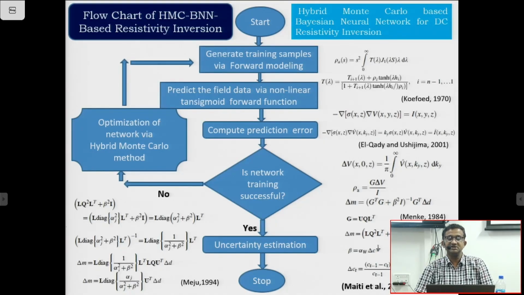So this VES or this Schlumberger sounding is used when your earth is horizontally layered and you want to estimate how your resistivity varies vertically, meaning how it varies from the surface to the inside of the earth.